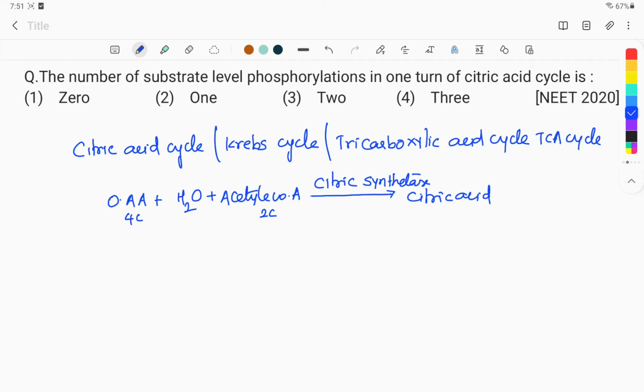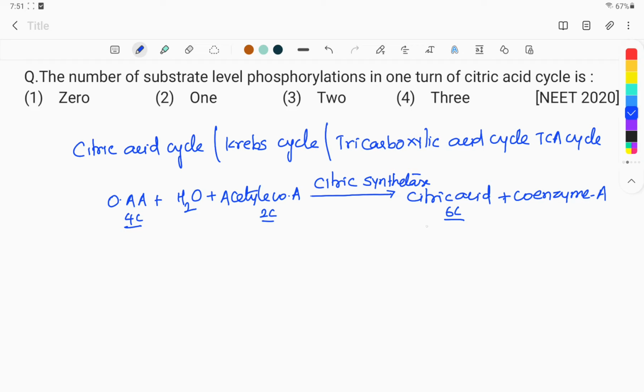Coenzyme A is liberated. Citric acid is a 6-carbon organic acid, and we know oxaloacetic acid is 4-carbon and acetyl CoA is 2-carbon, so in total 6-carbon citric acid is formed.